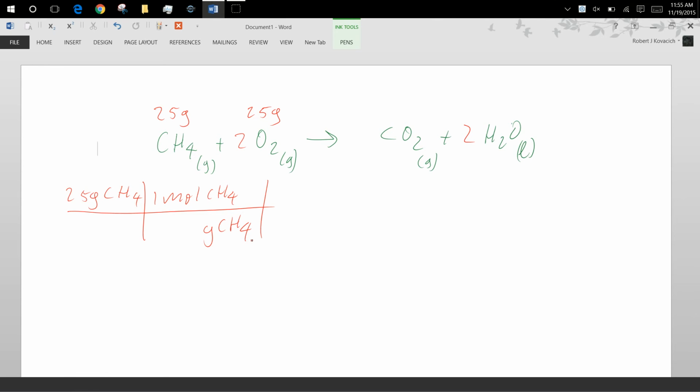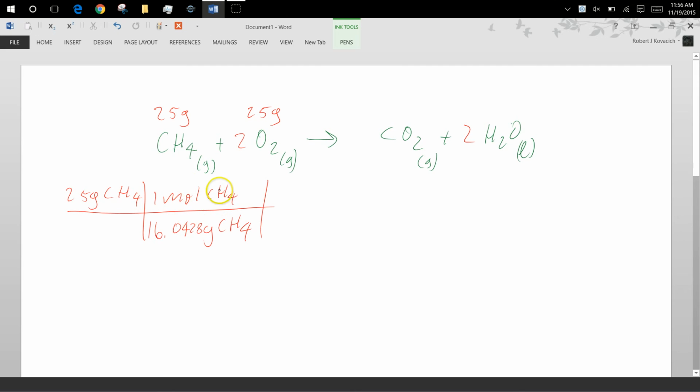The mass of a carbon is 12.011 grams per mole, and hydrogen, so I'll add that to 4 times 1.00795. So I get a mass of 16.0428.